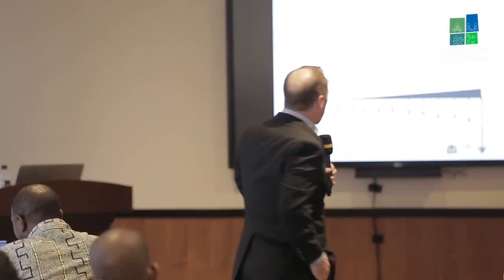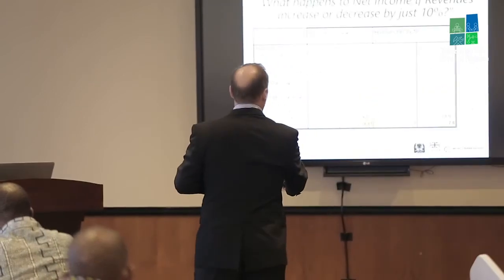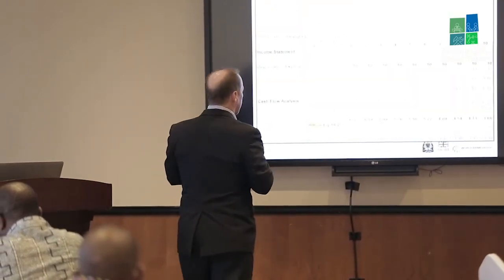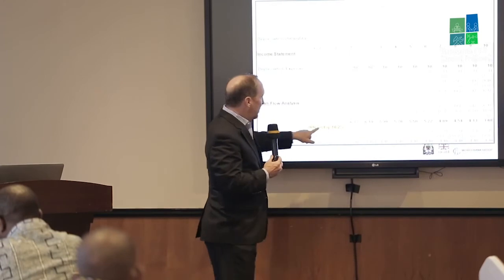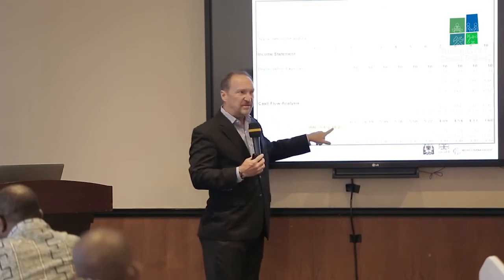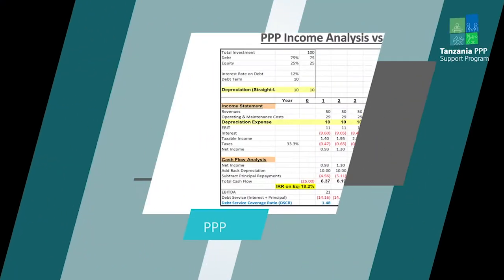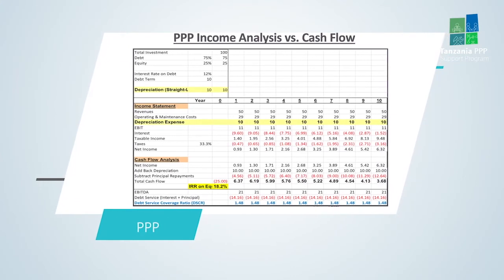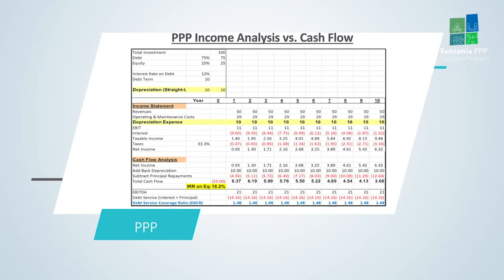When we come back here to this one, and I compute an IRR of 18%, this 18% assumes that when we get 6.37 in net cash flow in year one, that goes back into the project and that continues to earn 18.2%. Same with each of these others.